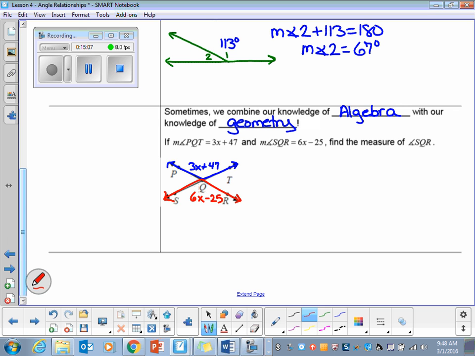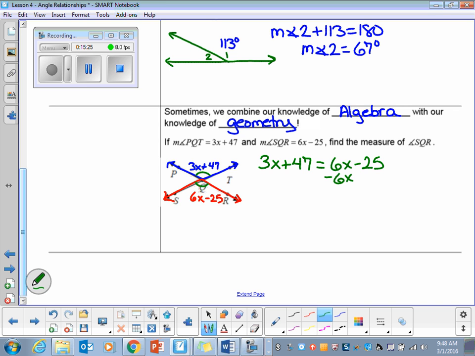All right, so I'm looking at these, and these are vertical angles, which means they're congruent. They have the same measurement, so I'm going to set these equal to each other. 3x plus 47 has to equal 6x minus 25.